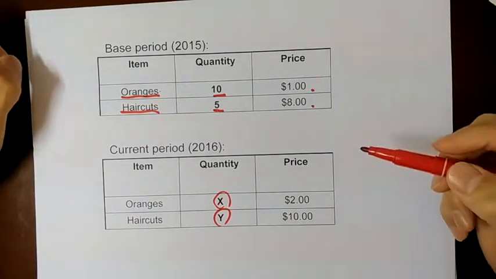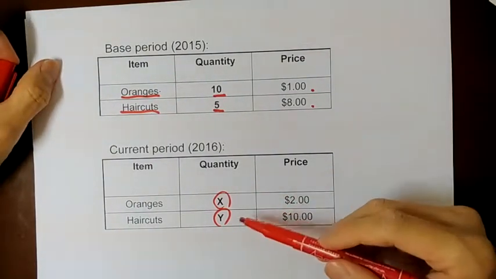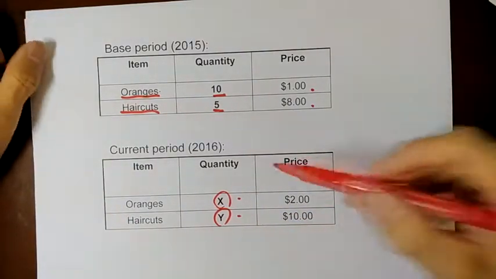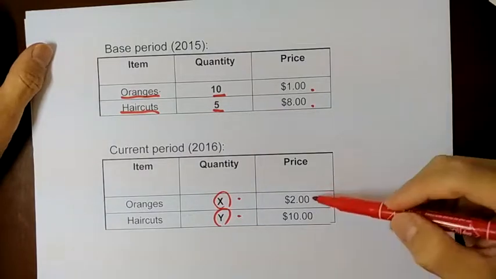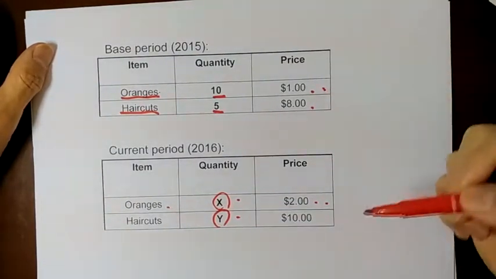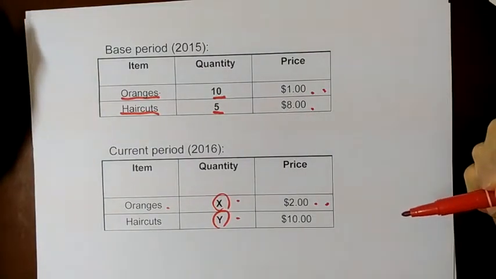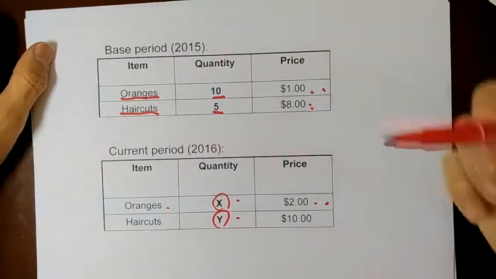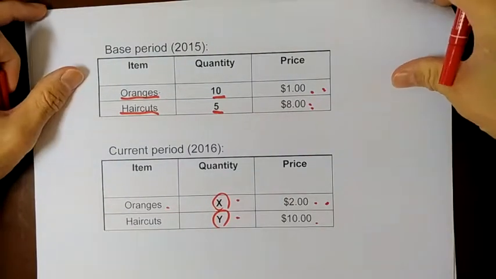The answer will be clearer later because we don't care what these numbers are. Now in 2016, the price of oranges doubles. It goes from $1 to $2. And the price of haircuts also increases from $8 to $10.